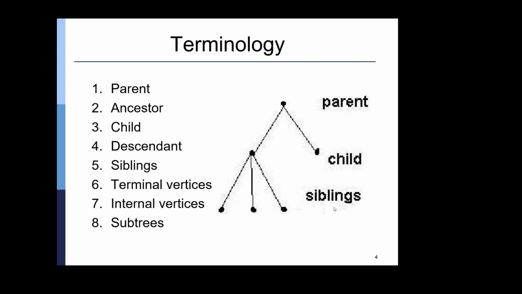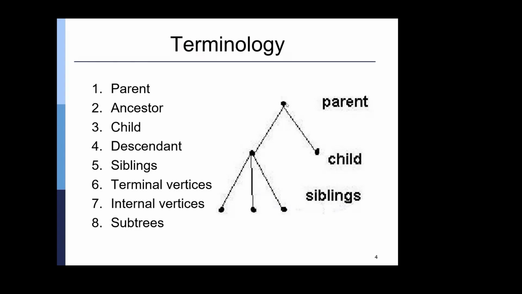So these terms are relational. Like here, if you look at my mouse pointer, level 0 is the root node, level 1 is the branch node. The one on the left is a child to the root node, but it is also a parent node to the nodes at level 2.